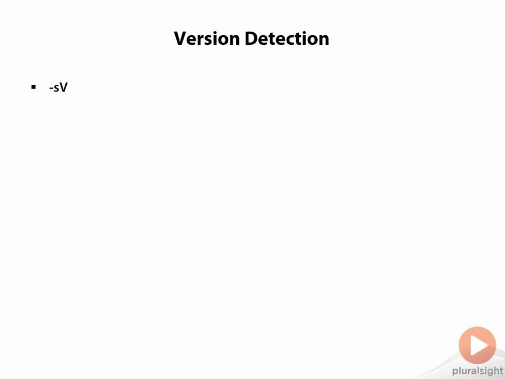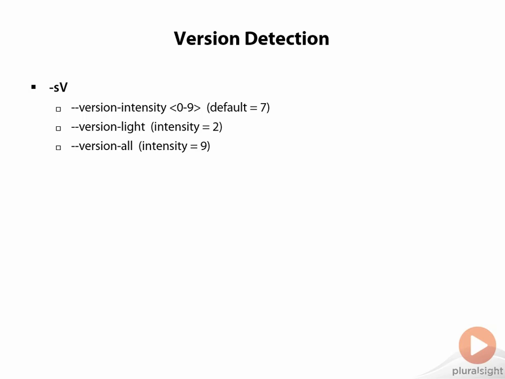Version detection is enabled using the -sV option. Optionally, you can include the --version-intensity option and specify one of 10 intensity levels. The default is level 7. The --version-light is an alias for an intensity of 2, and the --version-all is an alias for an intensity setting of 9. The default is usually sufficient.